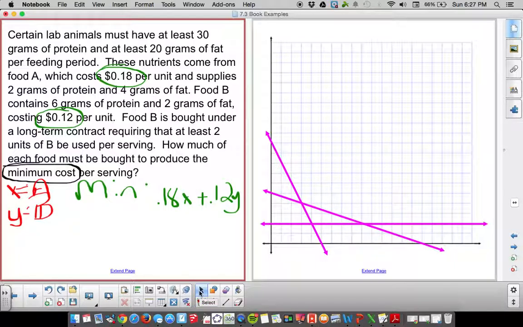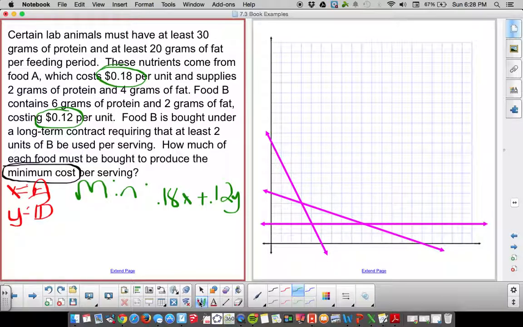So I'm trying to minimize this objective. Now I need to come up with my constraints. So I have the constraints of grams of protein and grams of fat. I know here that I need at least 30 grams of protein and 20 grams of fat. And I know the protein and fat content for each of the types.